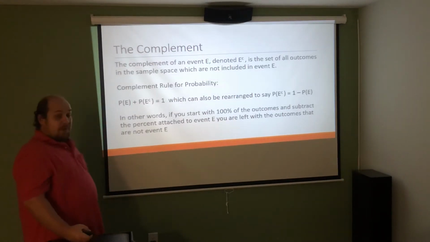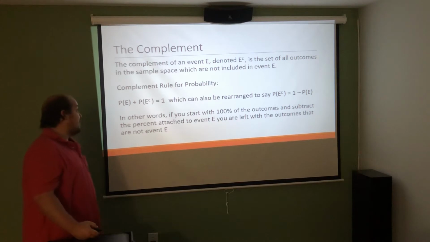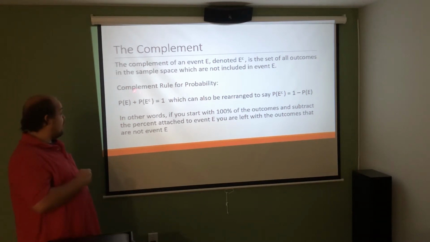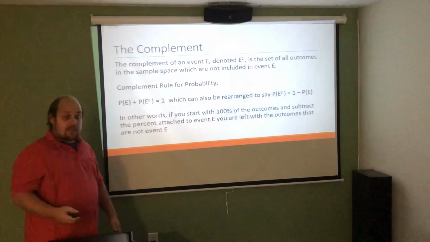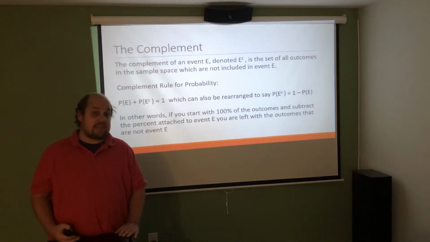The idea of a complement we introduced a little bit last lecture, but here we're going to go into it a little deeper. Essentially, a complement, denoted E complement for event E, so this is saying E with a little exponent that's a C to mean complement, is the set of all outcomes in the sample space which are not included in the event E. It must be true that if I add together the probability of an event and the probability of its complement, we get 1, because the complement of the event represents everything that's occurring in the sample space.